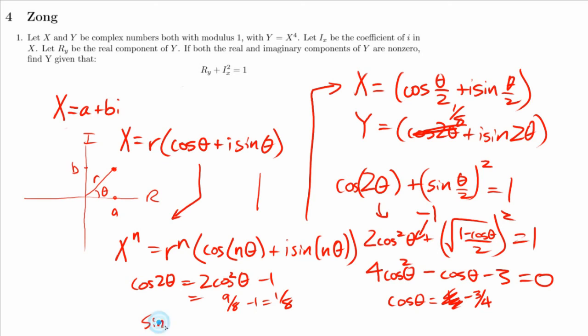So sine 2 theta is equal to 2 times sine theta cosine theta, and you can find sine theta using the right triangle thing. And actually this turns out to be negative, which is why you want to be careful. I'll trust you guys to solve this by yourself, finding sine 2 theta given cosine 2 theta. And your final answer is just going to be 1/8 minus 3√7 over 8 times i.